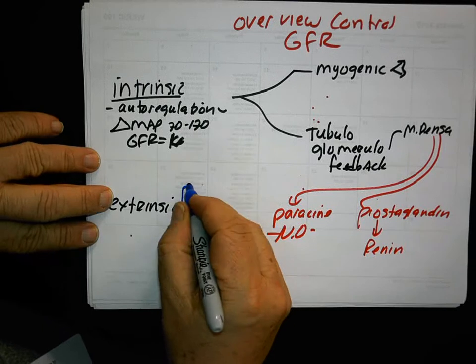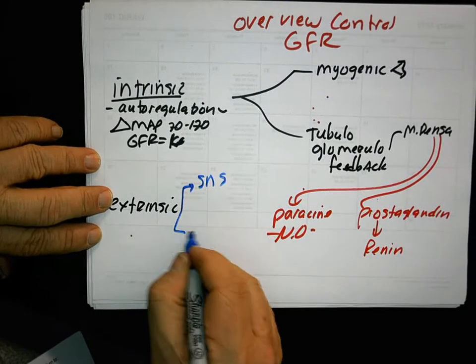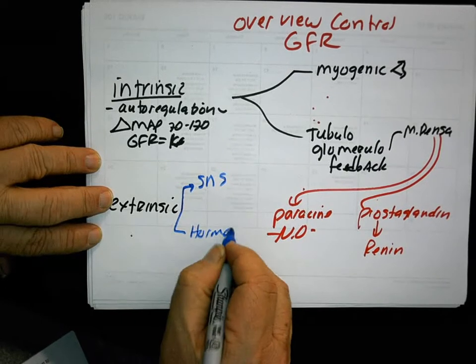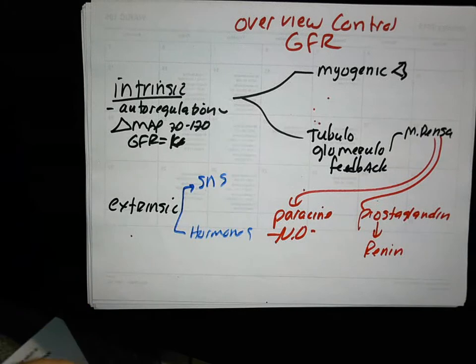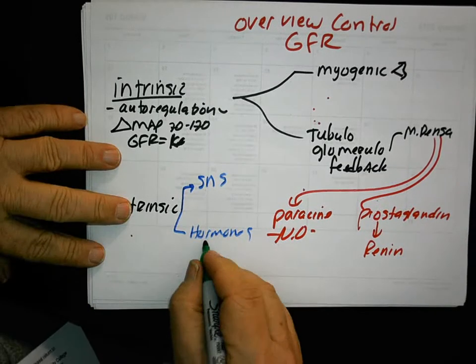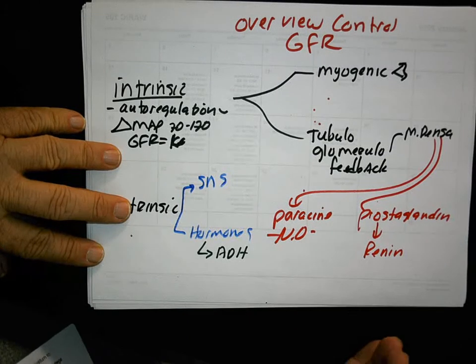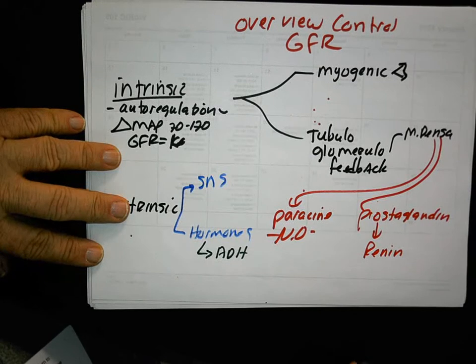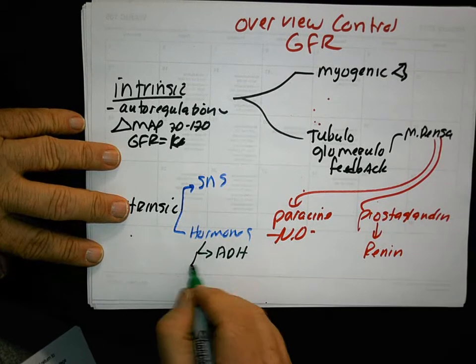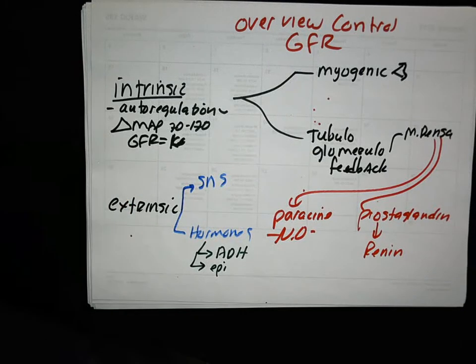The extrinsic will be your sympathetic nervous system or hormones, such as ADH, vasopressin, which can be secreted directly or secreted as a result of the renin-angiotensin system, and epinephrine floating in the system due to stimulation of the adrenal gland.